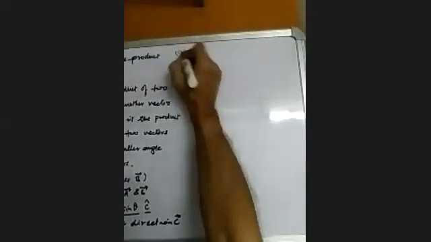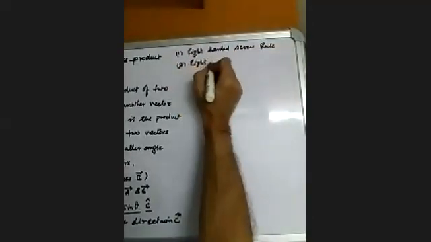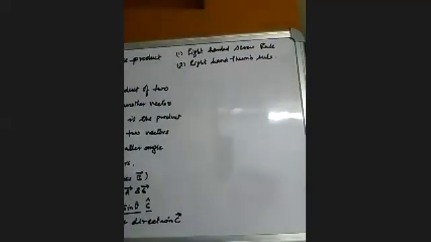One is the right-handed screw rule, and the second is the right-hand thumb rule. So these two rules we can use to get the direction of the cross product of two vectors, that is the direction of vector C.